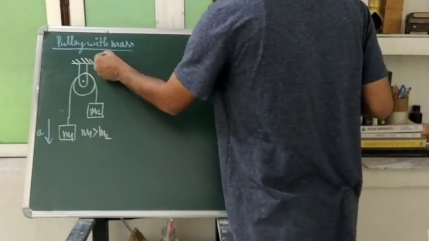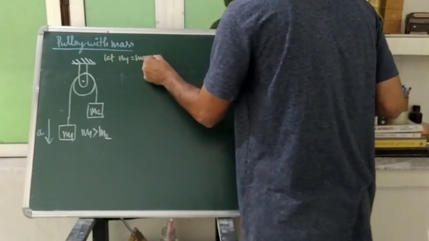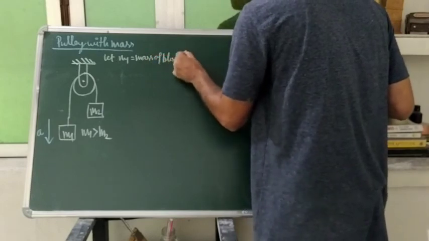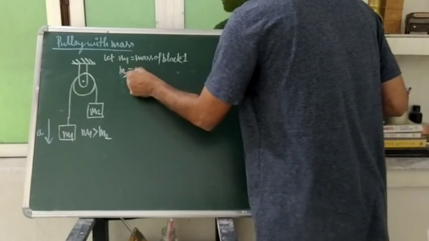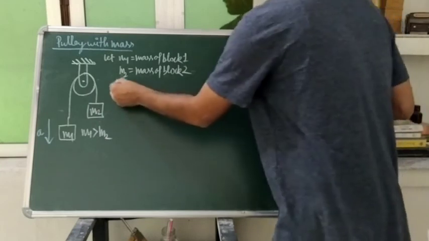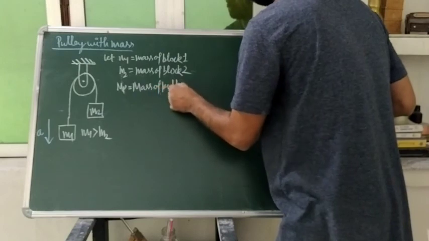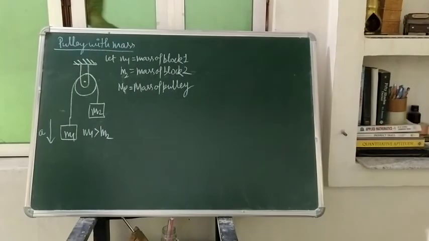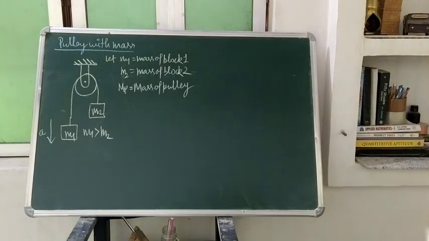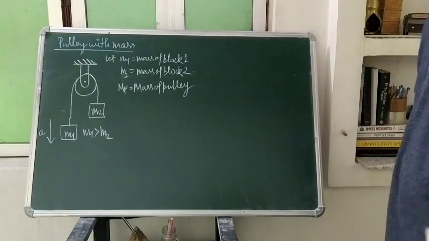So we can say let m1 be the mass of block 1, m2 the mass of block 2, and Mp the mass of the pulley.